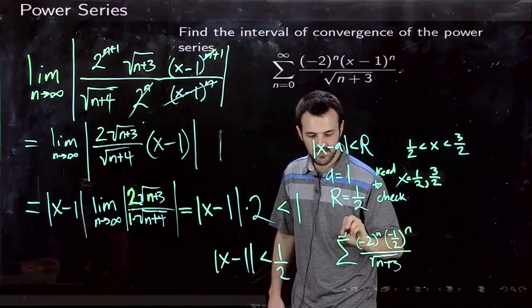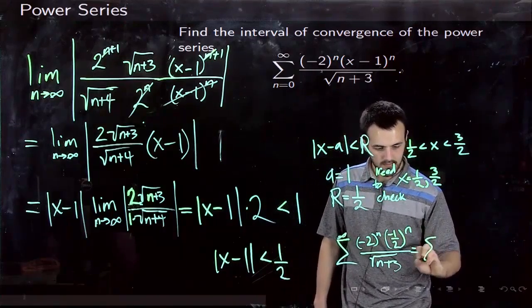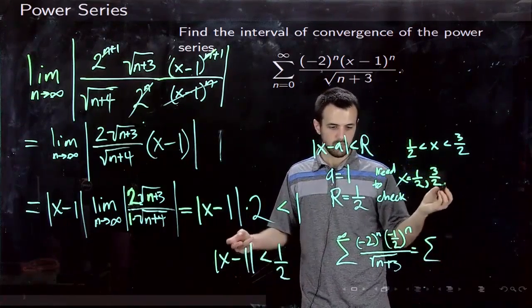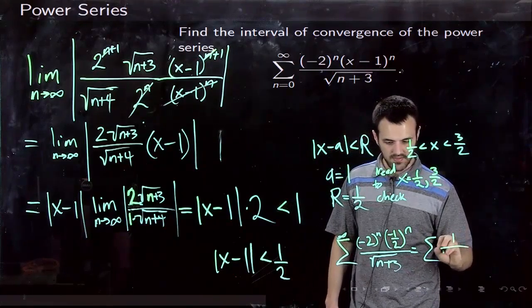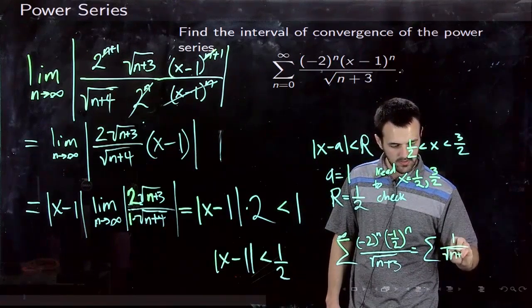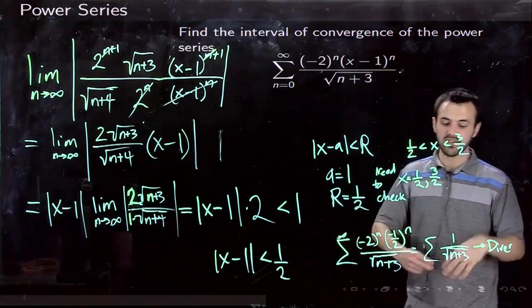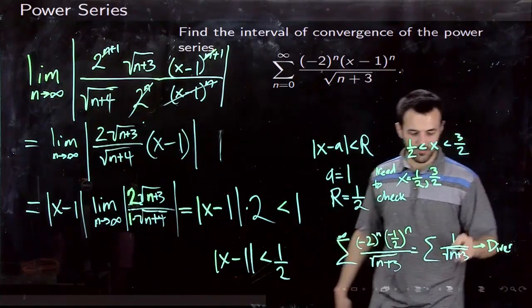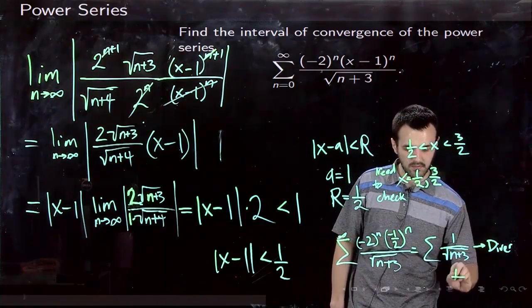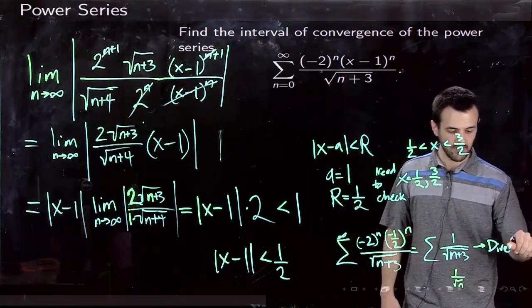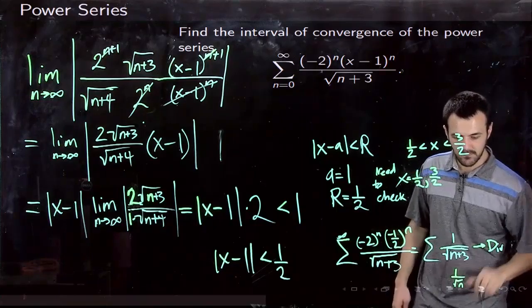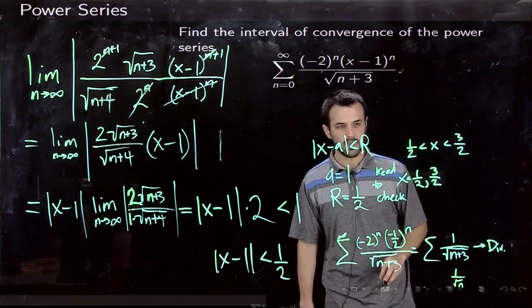So 2 times negative 1/2 is just going to be negative 1. This is the same thing as 1 over square root of n plus 3. If you're on the test, you don't have to go through this, but you might compare this to 1 over n and do the comparison test. But on the test, you can just say it diverges. I'm not going to write out the whole thing.